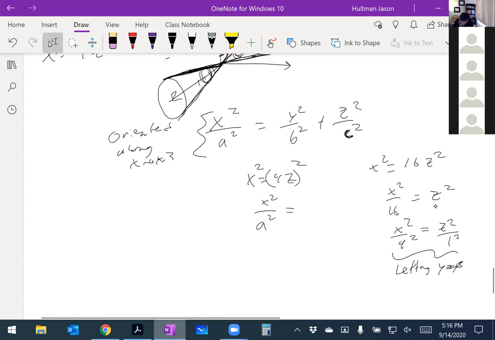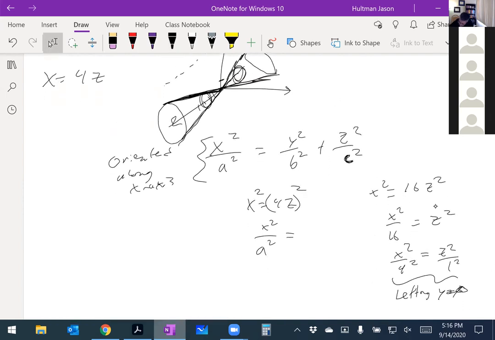What are the slices here of this thing? When y is 0, the slice is a straight line. The traces of it are a straight line. I wish I had a good diagram of that.